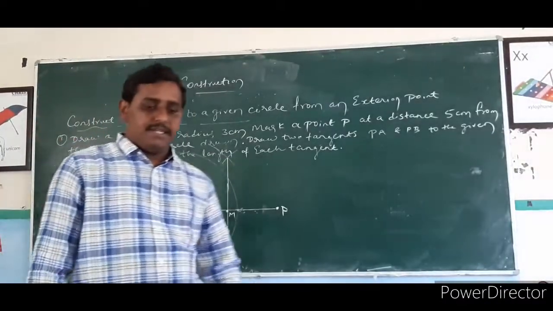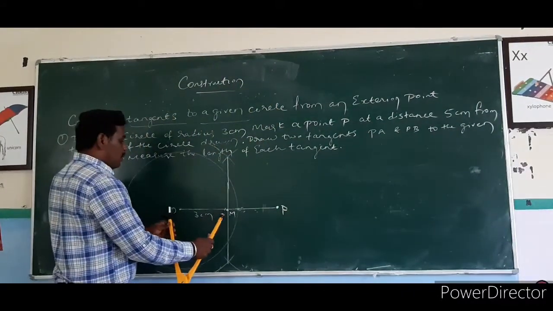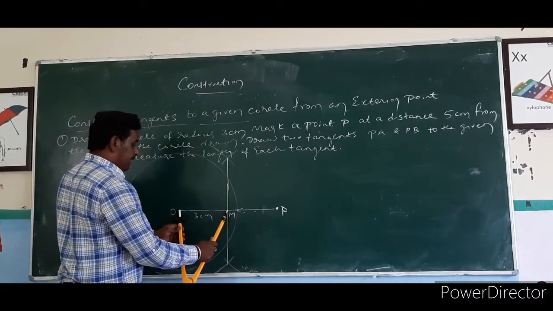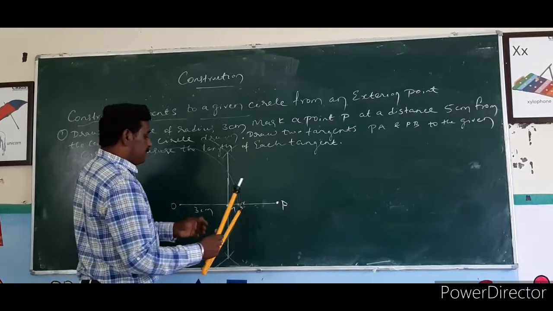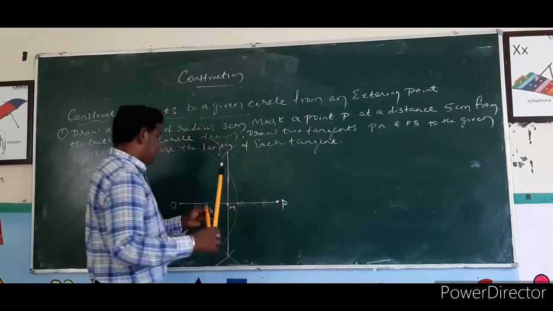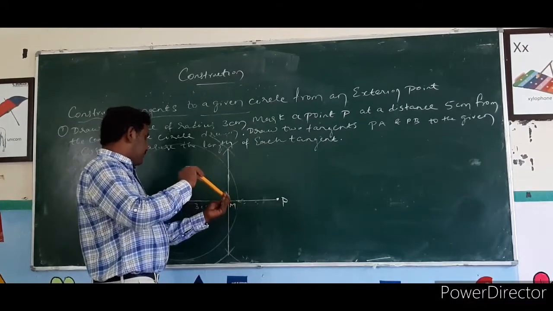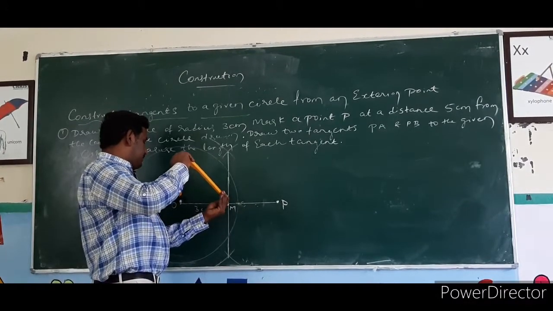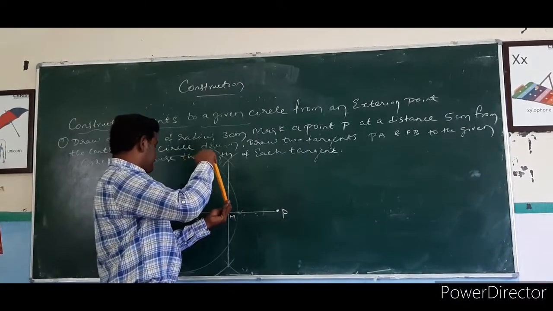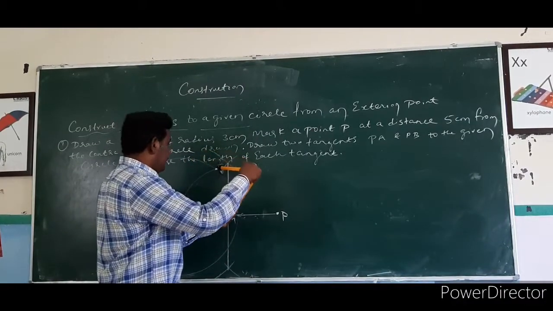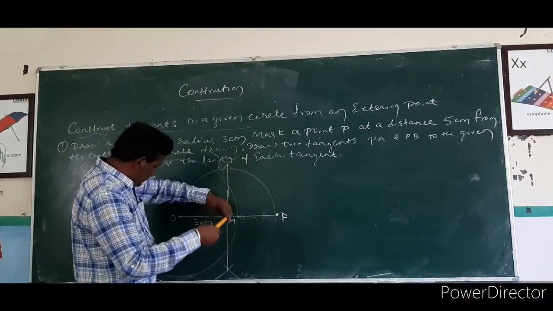From M, you can take the radius M to O or M to P, it should be the same. With this you can draw one circle.